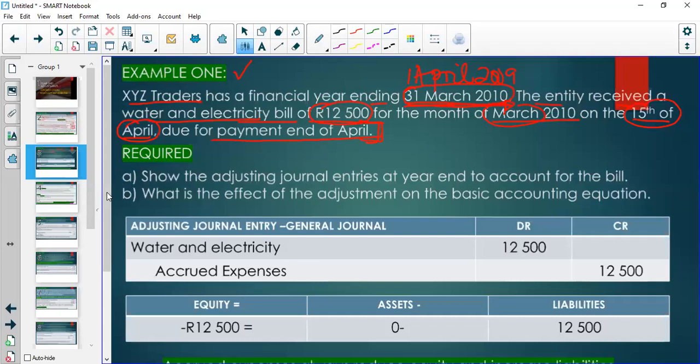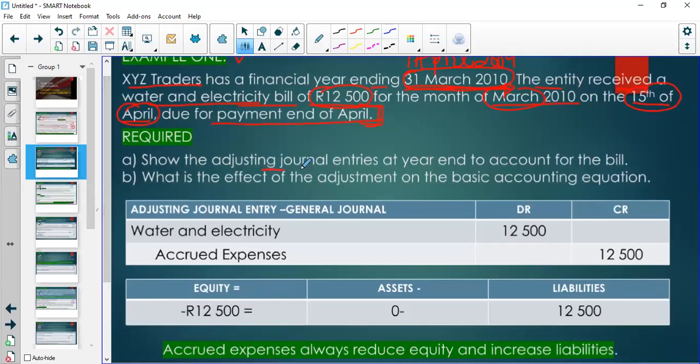The question says we need to show the adjusting journal entries and their effect on the basic accounting equation. We know that we have to increase our water and electricity by 12,500, so we need to debit an expense.